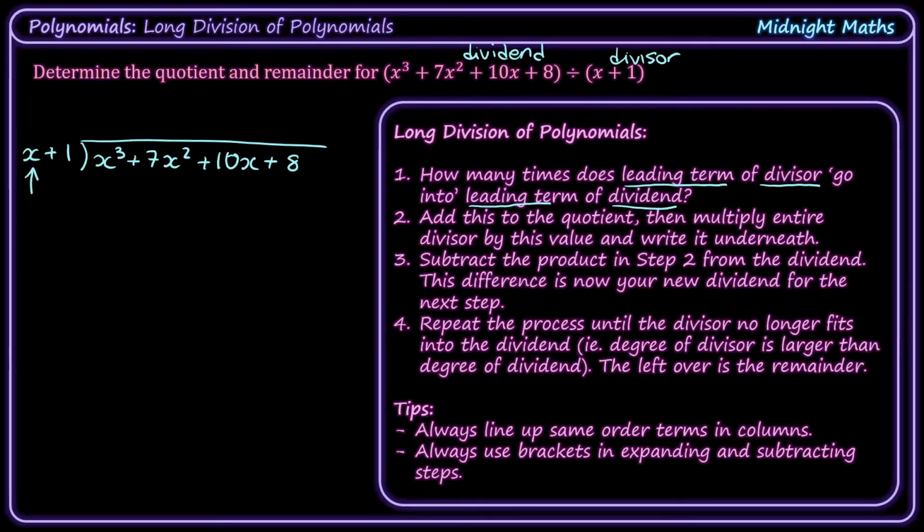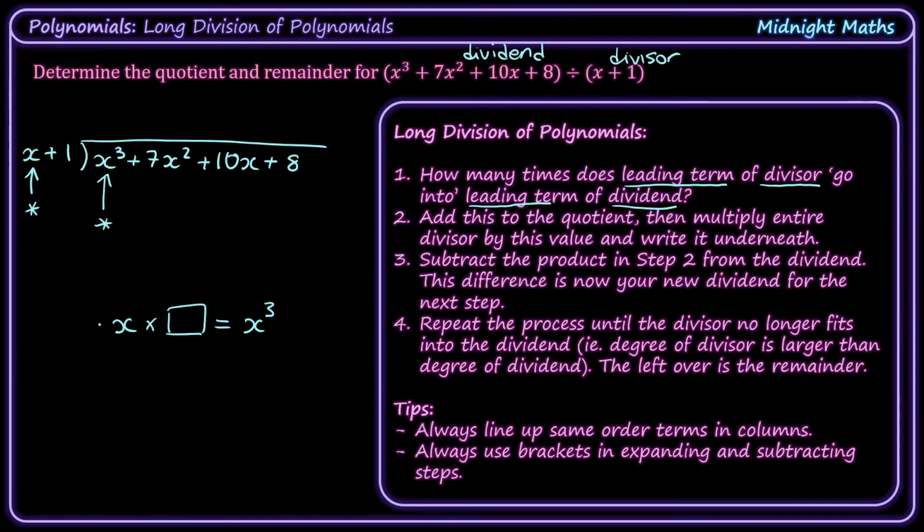How many times does that go into the leading term of the dividend? This is the leading term of the dividend. The question is saying, how many times does x go into x cubed? Or another way of thinking about it, what is this x multiplied by to get to x cubed?